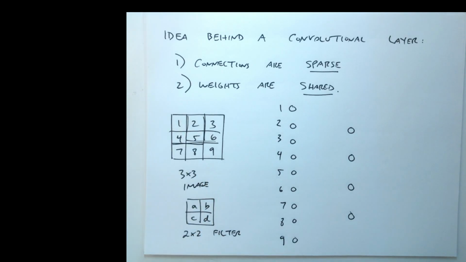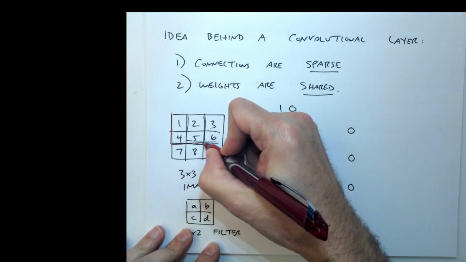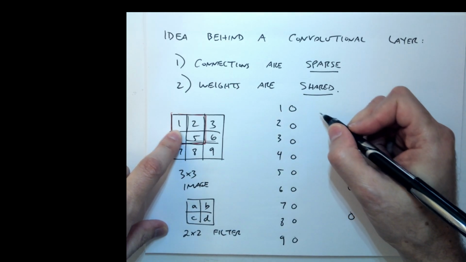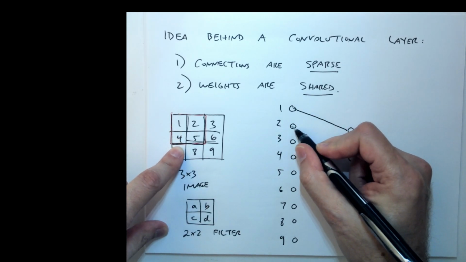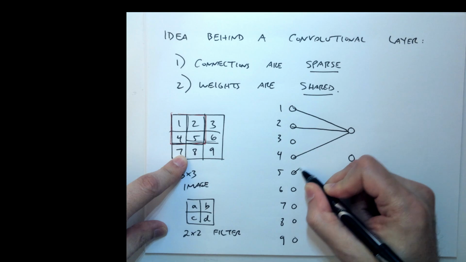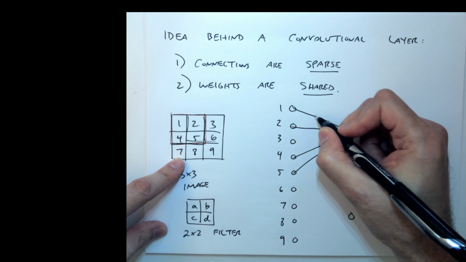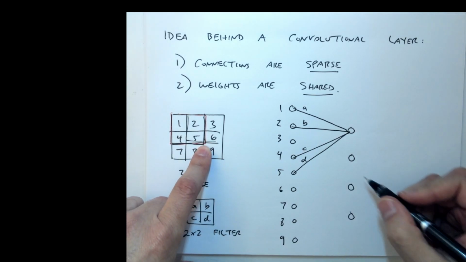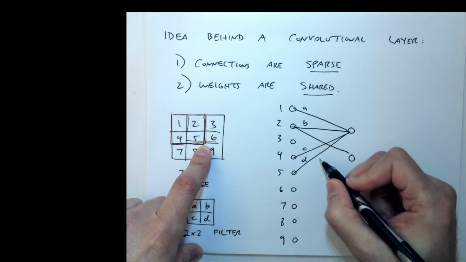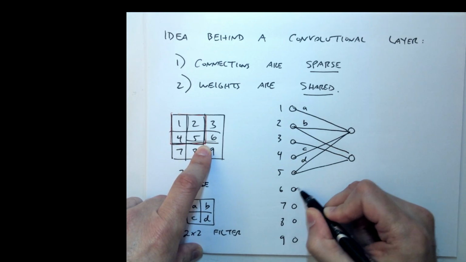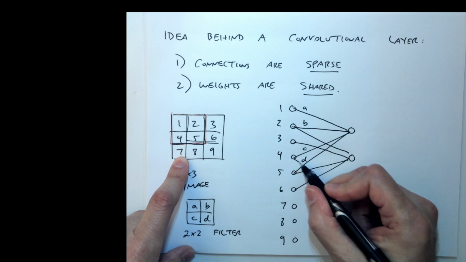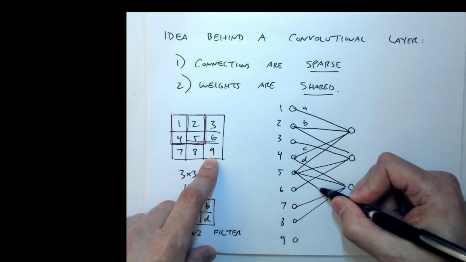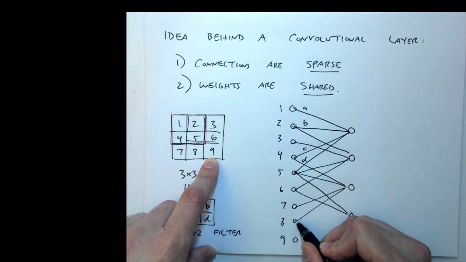So when it's centered over here, I'm connected basically to 1, 2, 4, and 5. And the weights on those connections are A, B, C, and D. Then I can have a node over here where I'm connected to 2, 3, 5, and 6. Then I've got one that's connected to 4, 5, 7, and 8, and one that's connected to 5, 6, 8, and 9.